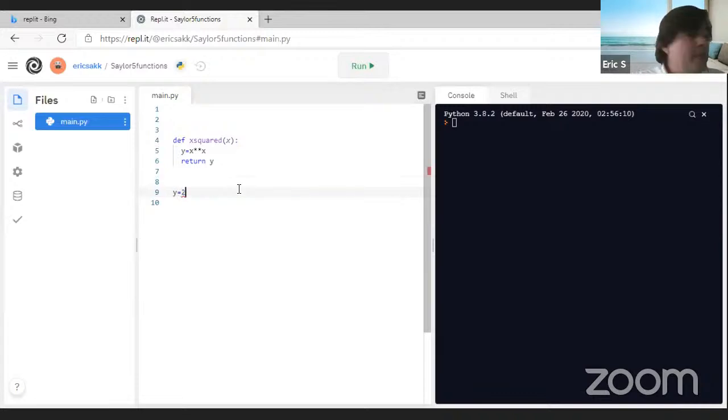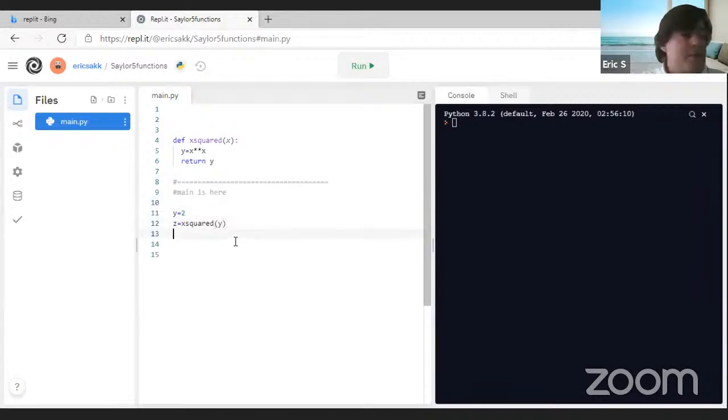So again, not the most exciting function in the world, but maybe what we'll do is set y equal to 2, and then we'll set z equal to the output. We could do it this way. Again, it depends on what your goal is. So here I'm setting y equal to 2. Notice we're back in main now, so I might as well put a little comment here: main is here, because the function is separate and distinct from the main code.